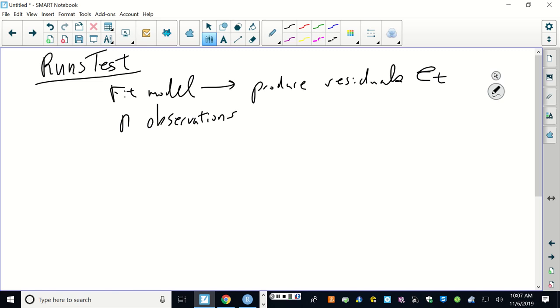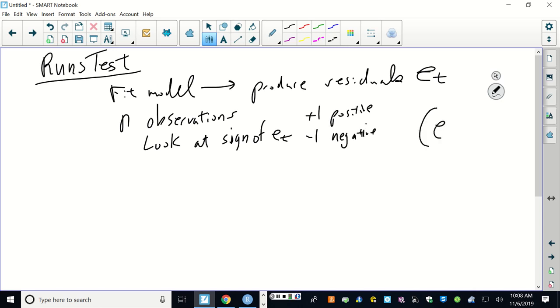In observations, let's say we look at the sign, right, positive or negative. A version that R does in one of these packages looks at E sub t minus the median of the E sub t's. This tends to split things into an equal division, half the residuals above the median, half below it.